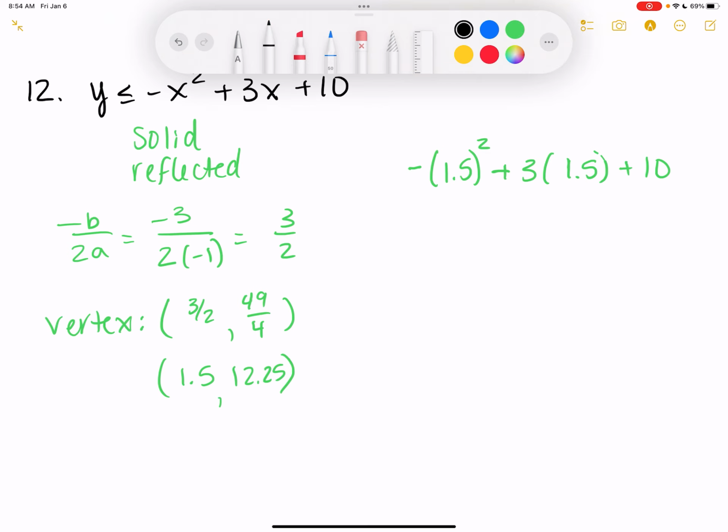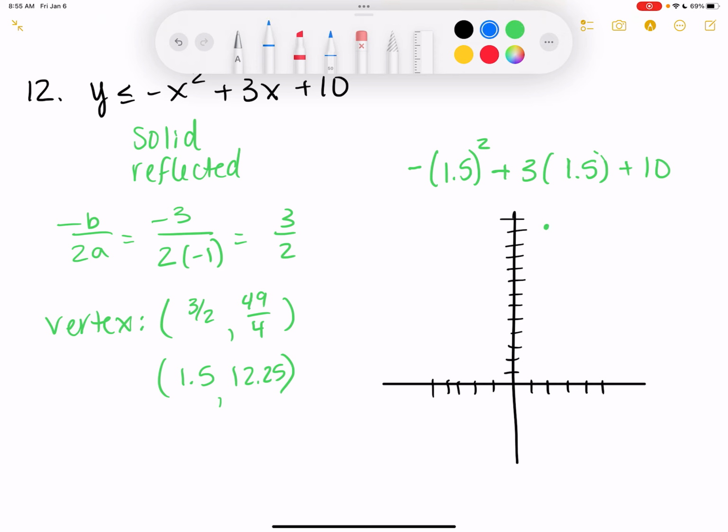Let me move this down. All right, so at 1.5 and 12.25 is our vertex.